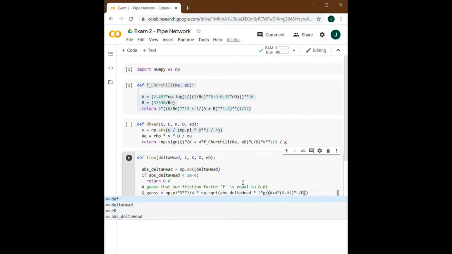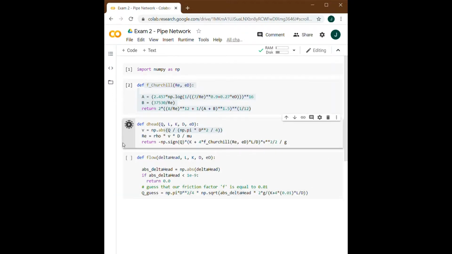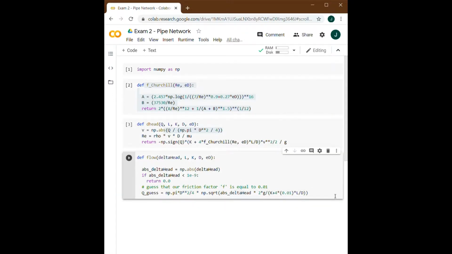So, now that we have this, we're going to run it to make sure we don't have any obvious syntax errors. So, looks like we're good.